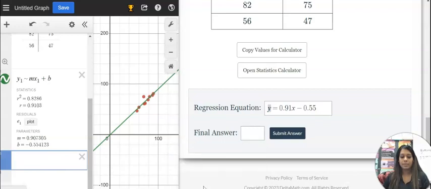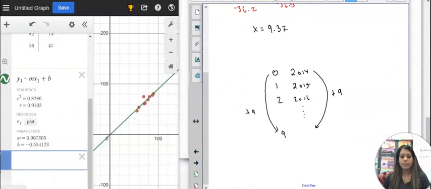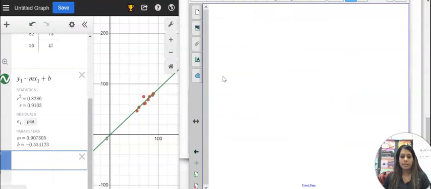So it's going to be 89 for y equals whatever my equation was, 0.91 x minus 0.55. And then we need to solve for x.